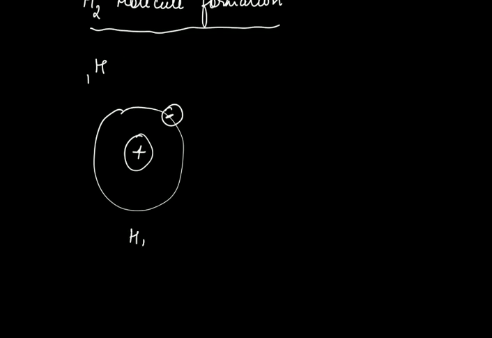This is hydrogen A atom. Let's imagine that this is hydrogen B atom and there is an electron. A normal hydrogen has only one proton and one electron. So one proton we are showing here in the nucleus, one electron over here. Similarly for hydrogen B atom.